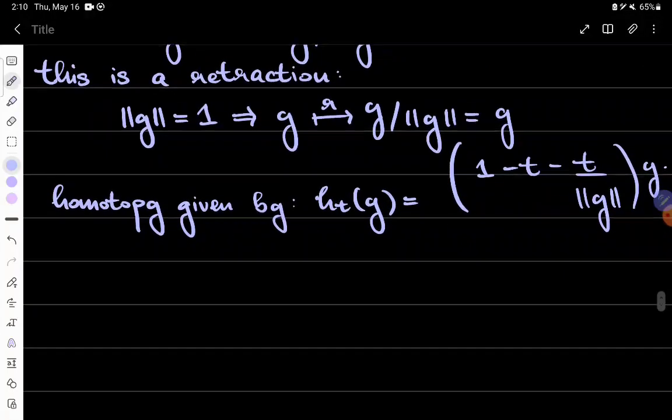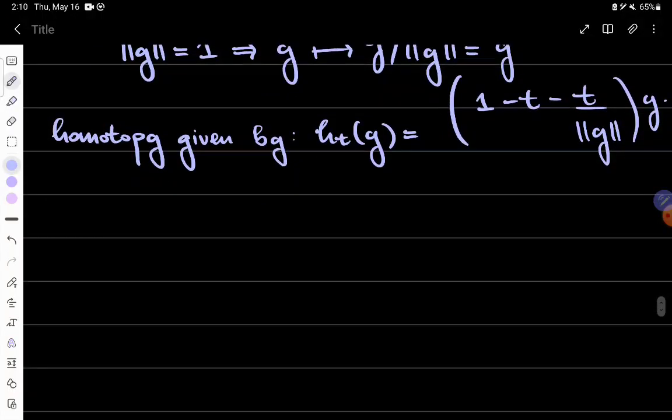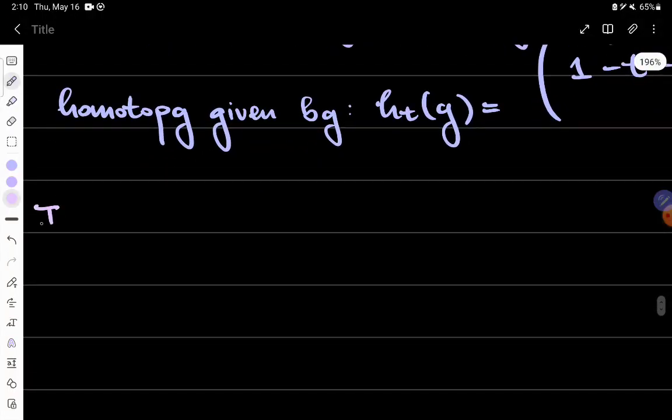Okay, so the overarching idea of what we've done: we want to introduce this notion of homotopy equivalence.